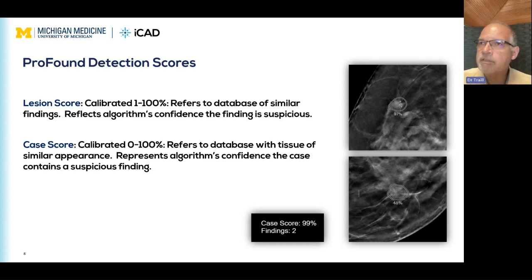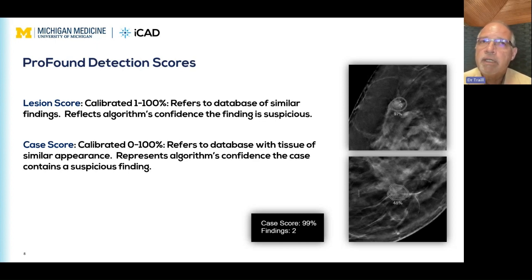Your high scores, those are where the cancers are, but there are also mimics in that group that you need to pull out, such as atherosclerotic calcifications or post-biopsy scarring. The algorithm typically is not going to be able to distinguish a post-biopsy scar from an invasive malignancy. And then the middle scores are more for the radiologist still to figure out.